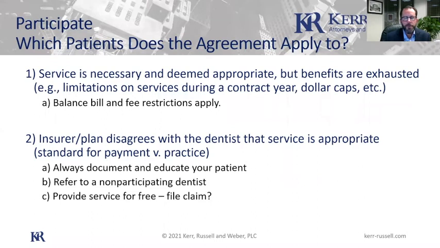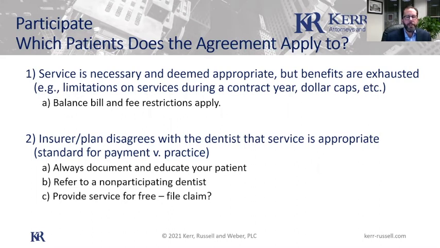For example, the dental plan provides that there is a dollar cap on the amount that the plan will pay for certain services. Orthodontic services, for example, is a fairly typical example. It may also be a limitation that applies to a particular service. You only get 1 crown per contract year.